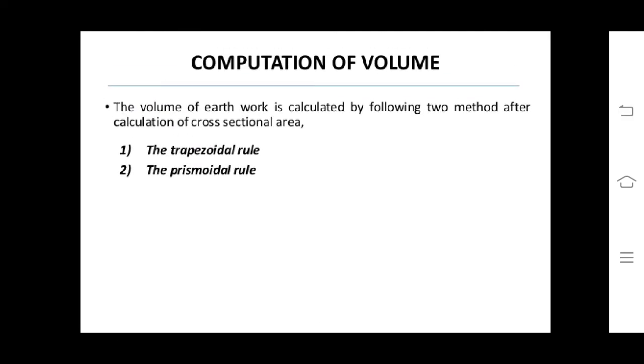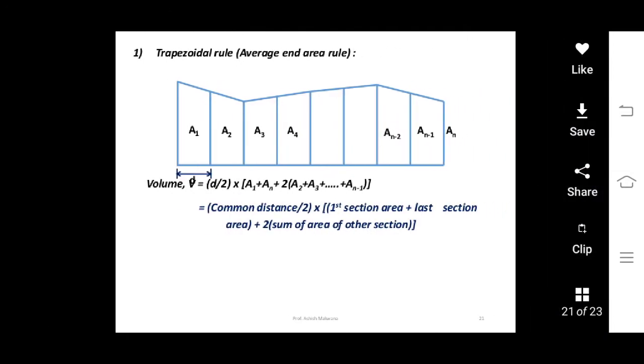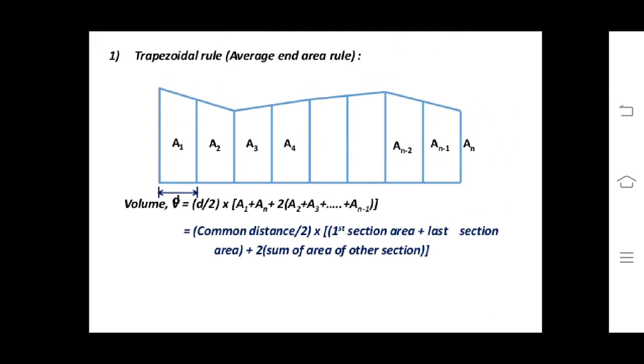Now, computation of volume by trapezoidal rule and prismoidal rule are solved in further slides. By trapezoidal rule, volume can be calculated by V is equal to D by 2 into (A1 plus An plus 2 times (A2 plus A3 plus dot dot dot up to last section An minus 1)).